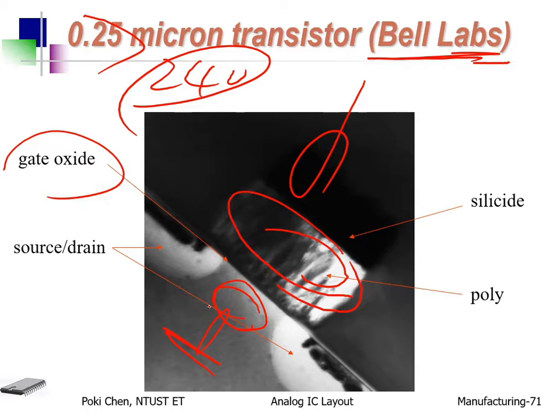They cannot be connected. On both sides, you have source and drain. I don't care which one is source and which one is drain, because for such a regular transistor, in theory, they are symmetrical.